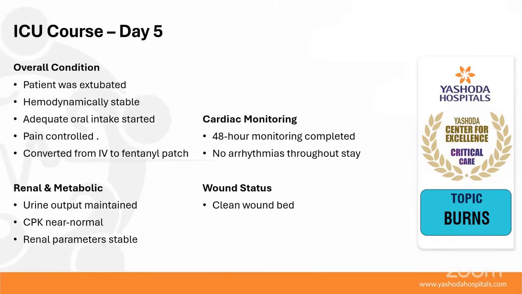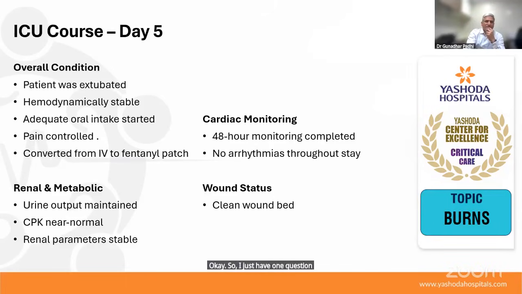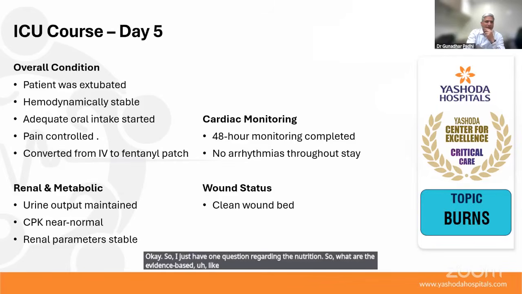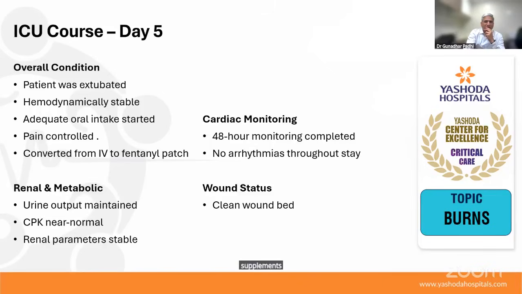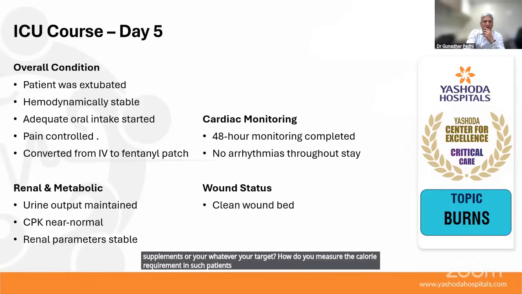Okay. Agree. Next slide. I just have one question regarding the nutrition. What are the evidence-based micronutrients or supplements, or what are your targets? How do you measure the caloric requirement in such patients? What is the ideal method? There are a lot of formulas.